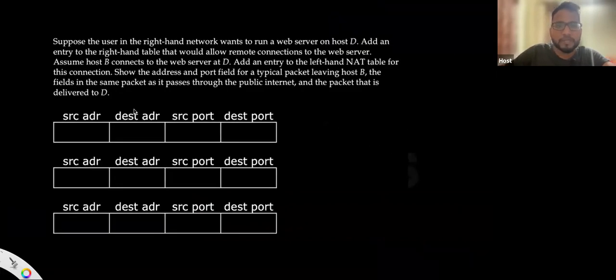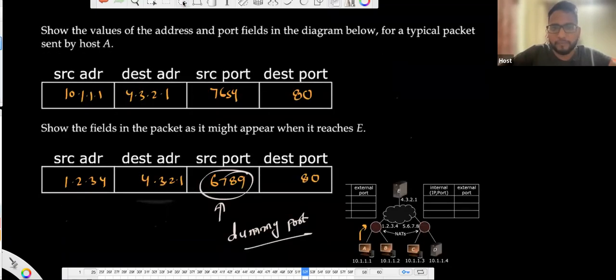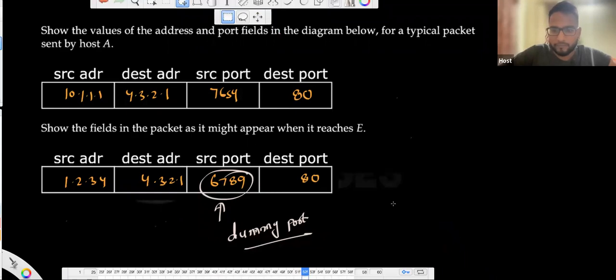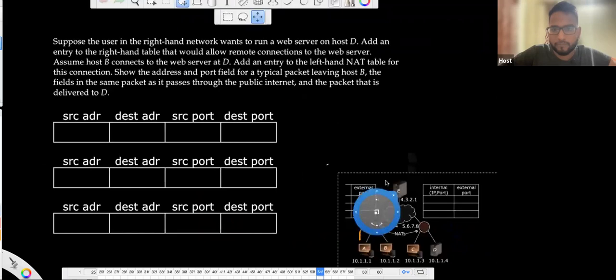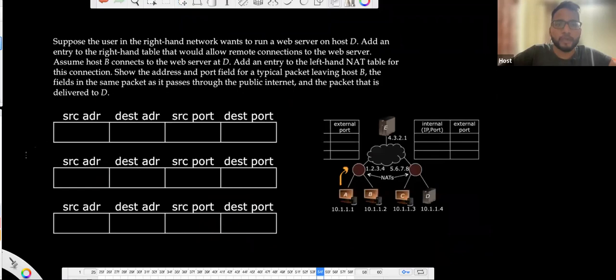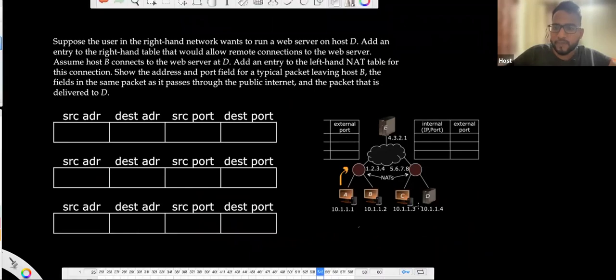Now let's continue this question. What they are saying: suppose, so maybe I can copy this diagram. Yeah. So they are saying, suppose the user in the right hand network wants to run a web server on host D. So D is some web server.